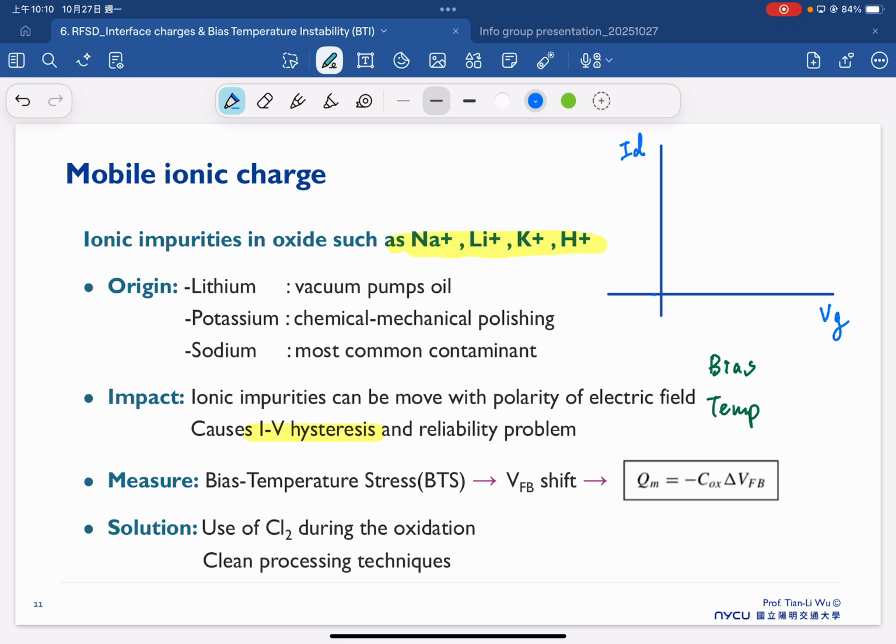We sweep from low voltage to high voltage, and then sweep back from high to low.